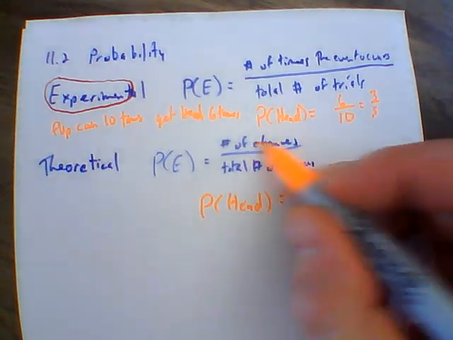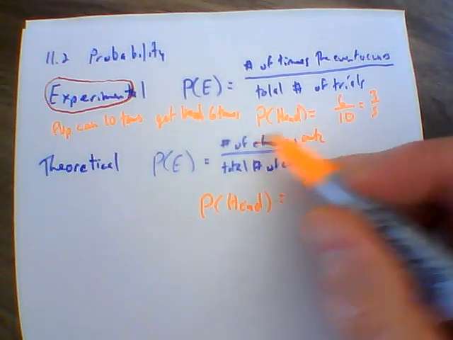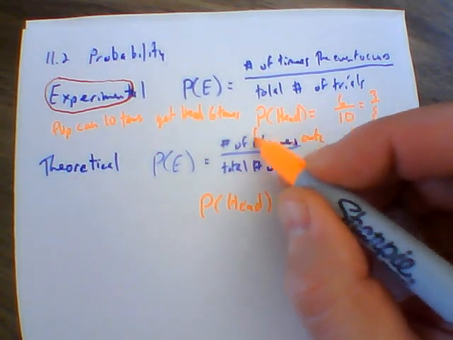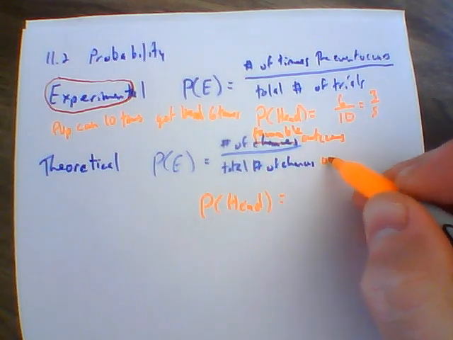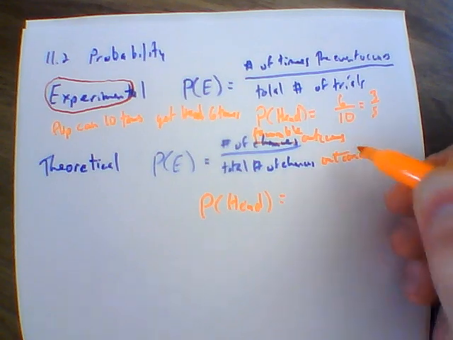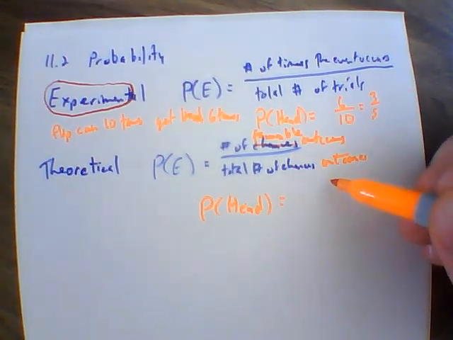Instead of chances, I should say outcomes. Let's change that word around: favorable outcomes to total outcomes.